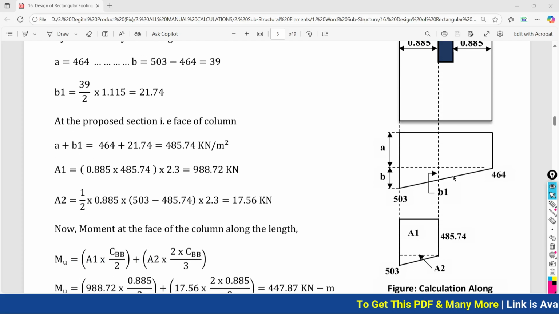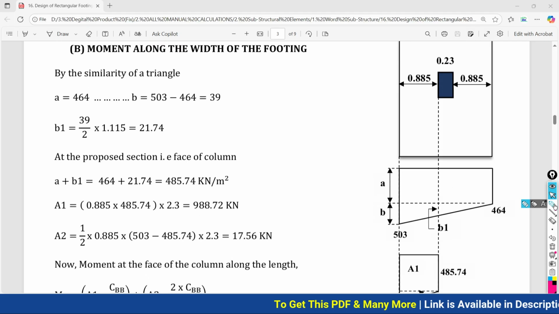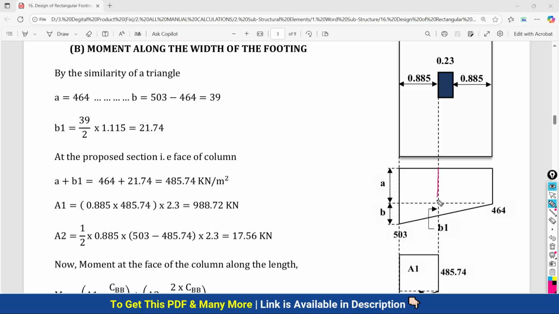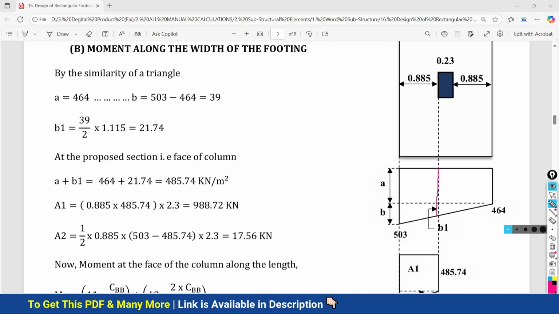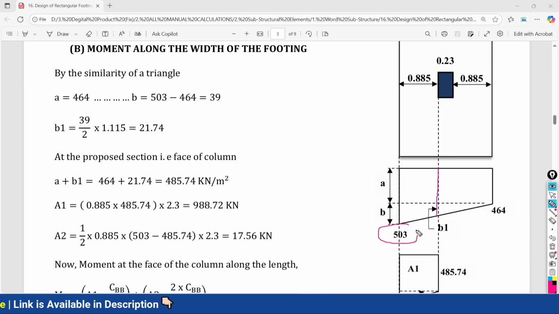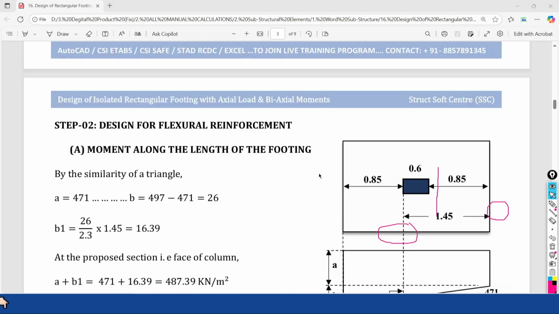Now we again have to calculate the intensity of the pressure at the face of the column along the width of the footing, and we already have calculated the maximum pressure and minimum pressure along the width of the footing in our previous step.